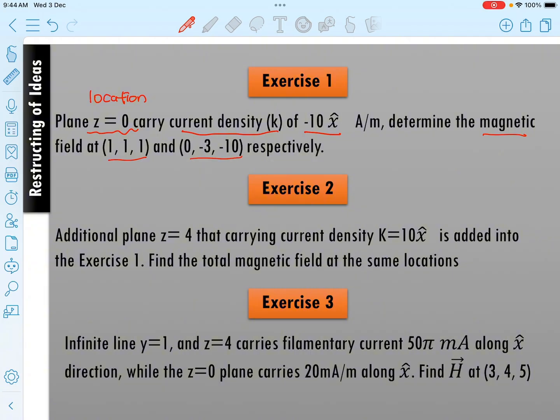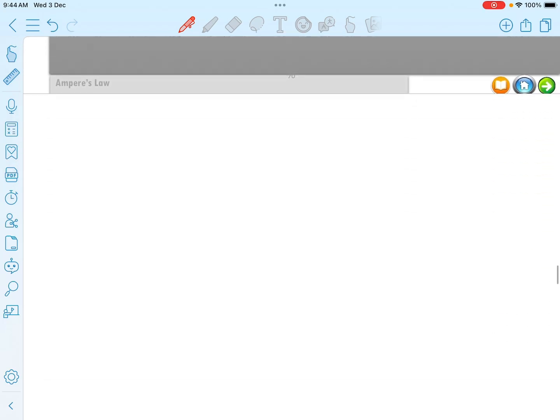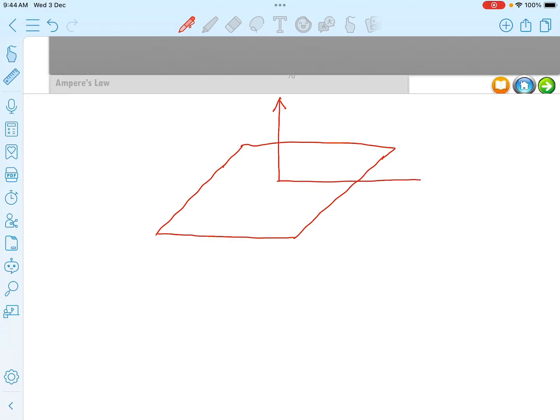So first of all, let us draw out this plane. Okay, so this is the plane and it is located at the position z equals 0.